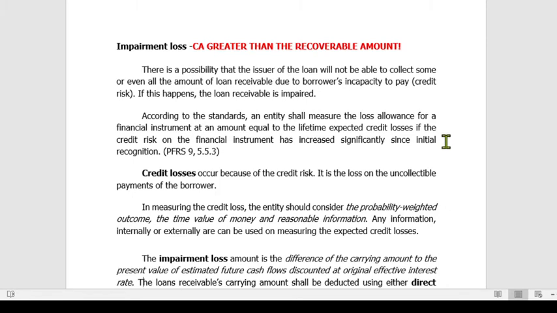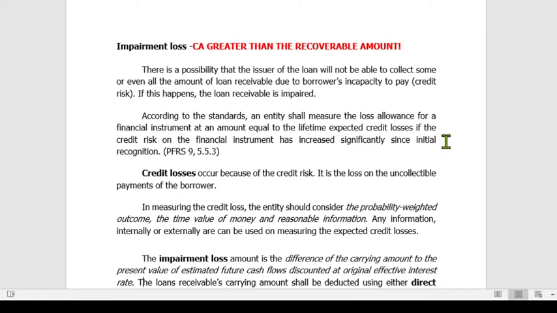So, kung ni-recognize mo siya ng 4 million nung una, pero eventually during the time ay nagkaroon ng mga expected credit losses, baka merong breach of contract, and other scenarios that are related to the recovery of the amount of the loan, ay pwedeng mag-set up tayo ng allowance so that yung amount na naka-reflect sa financial statement will be realistic and be reliable. Remember, 'di ba?